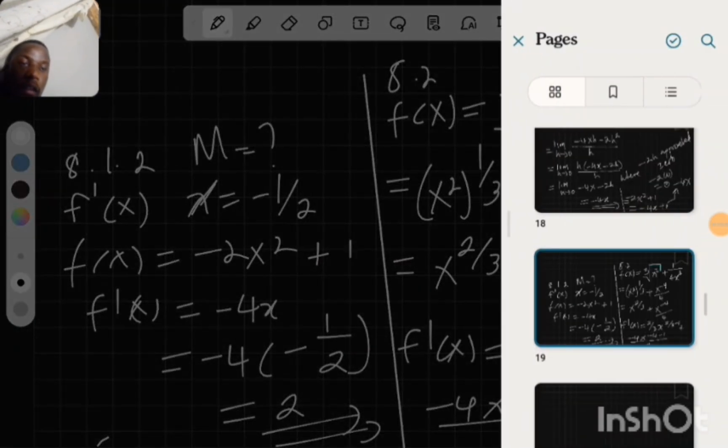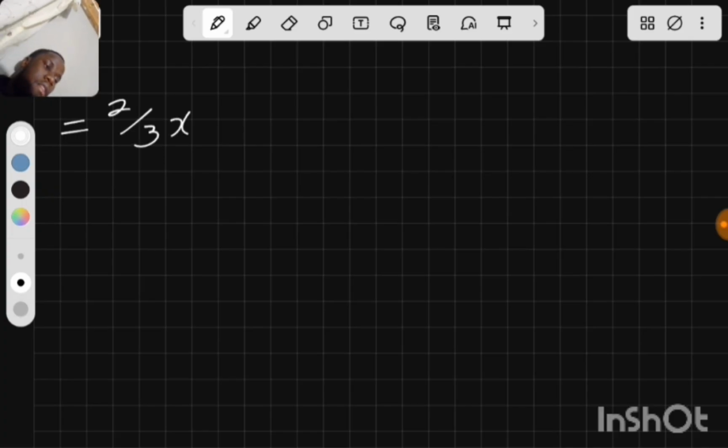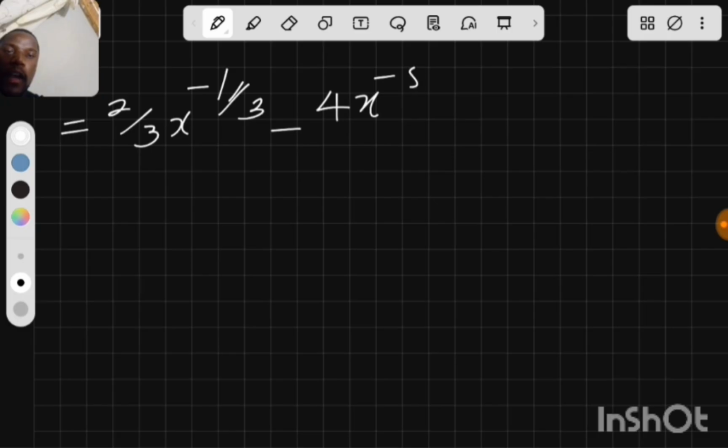Then you will be left with 2 over 3 x to the power 2 over 3 minus 1, which gives you minus 1 over 3, minus 4 to the power minus 5, divided by 4.